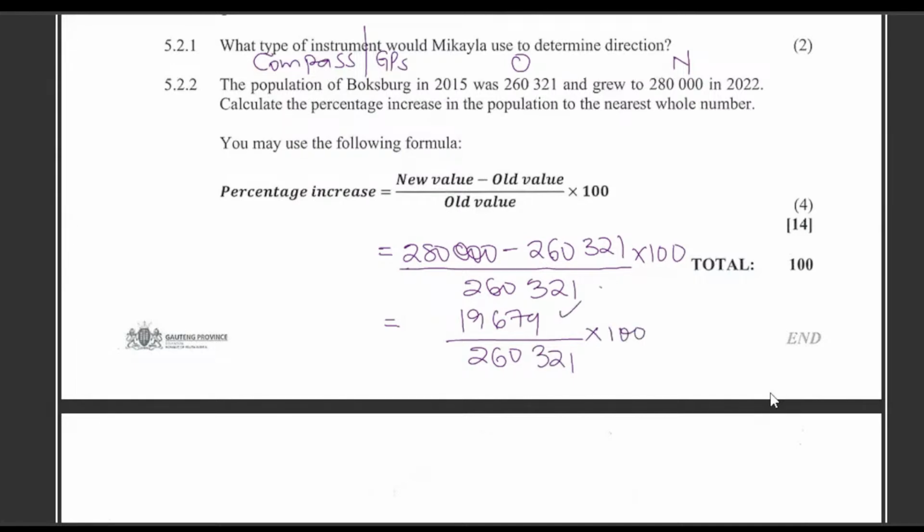This is called simplification. Then multiply by 100.